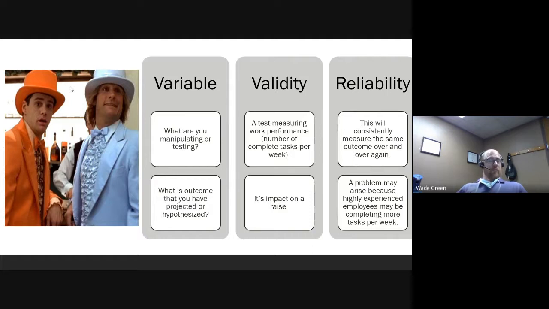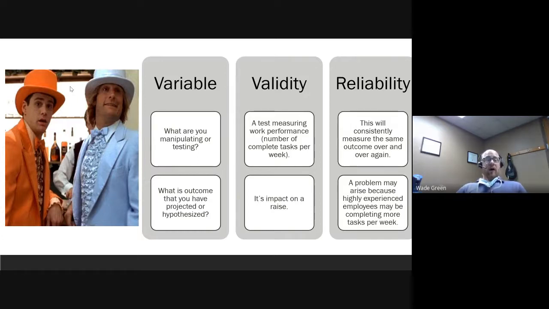Okay, for example, we know that a test that measures work performance, number of tasks completed per week, generally speaking, will have a high level of validity and also a moderately high level of reliability, depending on the week. But here's the problem. What if all of the same employees are taking the exact same evaluation every year, and some of those have been working for that company for 20 years, whereas others have been working there for maybe only a year or two, right?